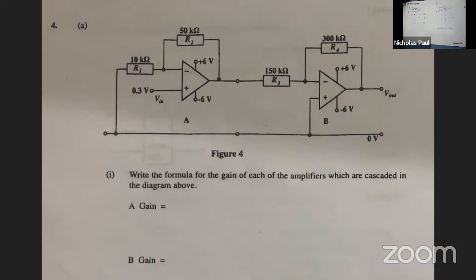That's 2006 paper 2. Then the first example is a what? Non-inverting. A is a what?